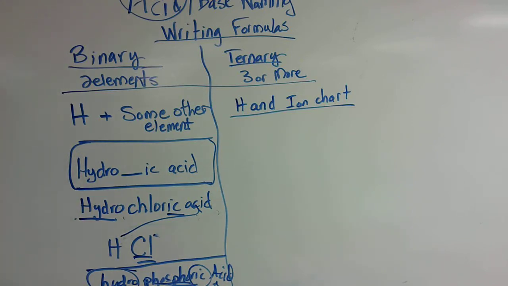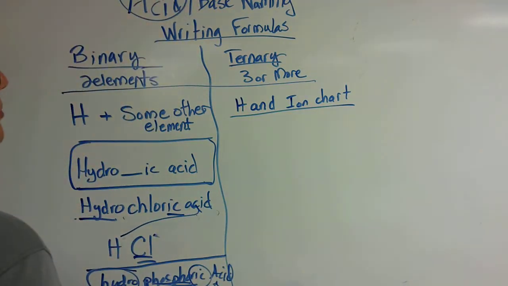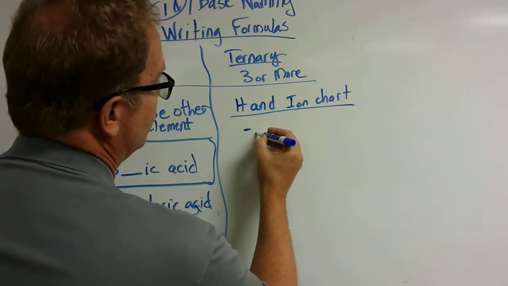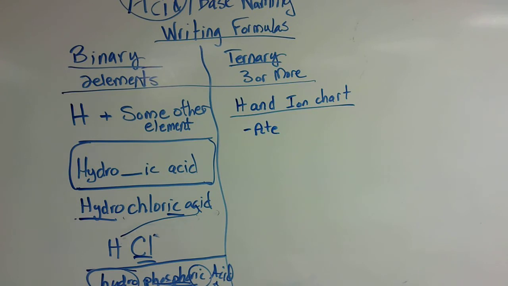If you're looking at ones that end with ATE or ITE, it's a different naming system. So what we're going to do is, my first ending is going to be ATE that you see on the ion chart. This one is just going to be nice and simple.